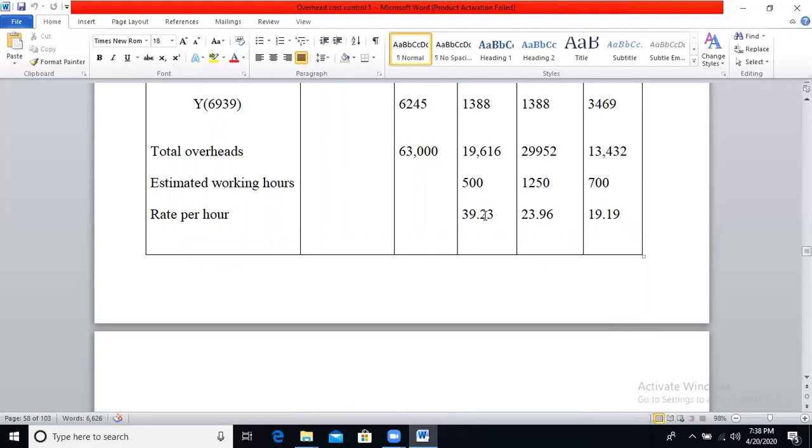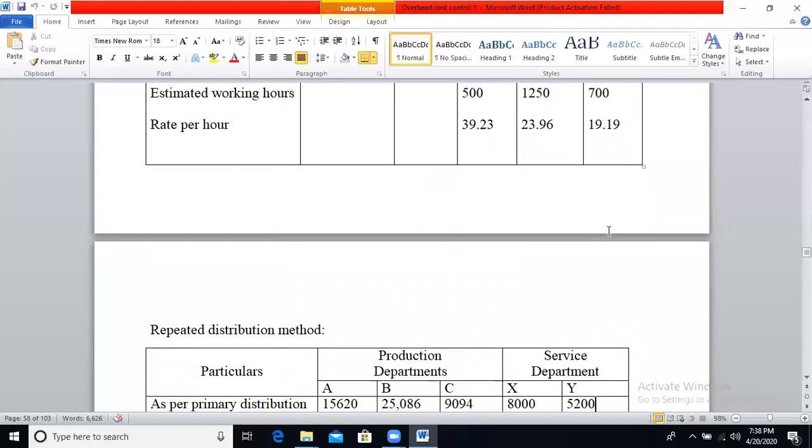So for department A, 19,616 divided by 500, you will get 39.23. For department B, 29,952 divided by 1,250, you will get 23.96. And for department C, 13,432 divided by 700, you will get 19.19.